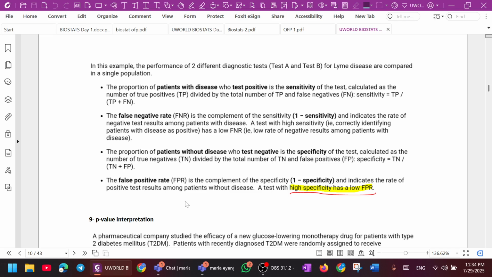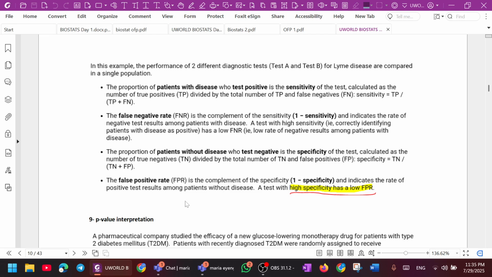Okay, so true positives. Now the next sentence says that a lower proportion of patients without Lyme disease, so people that don't have Lyme disease, tested negative with test A. So test A was not able to find that if you don't have Lyme disease, you test negative, but test B was able to find it.